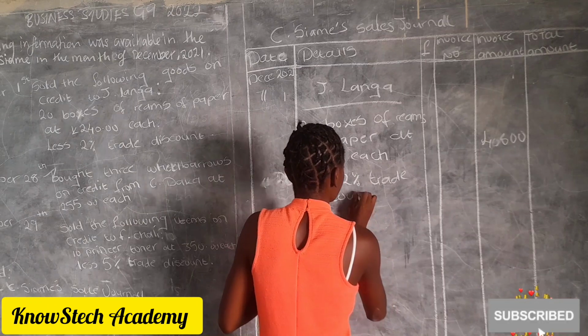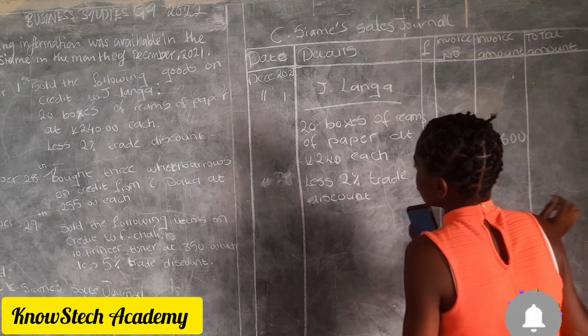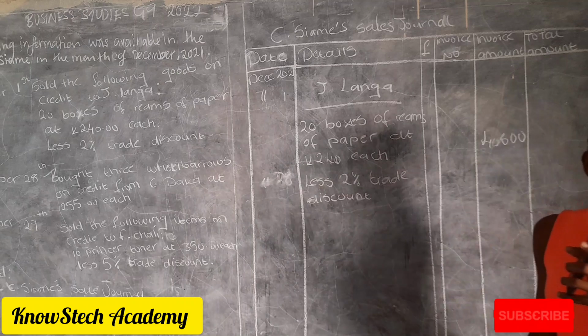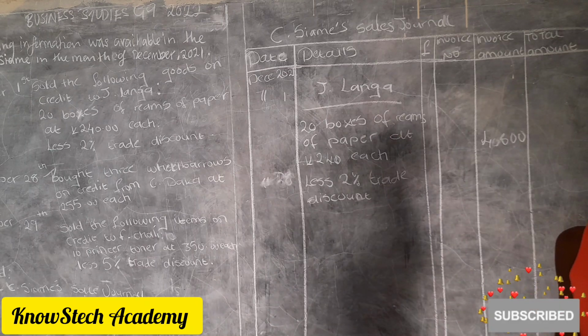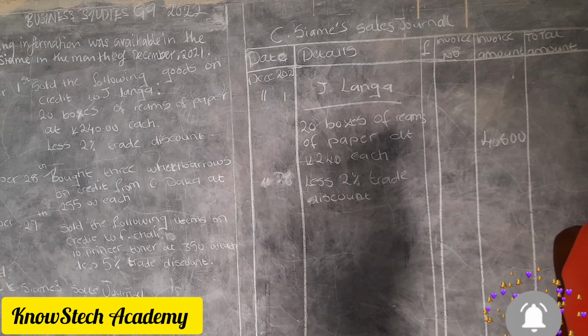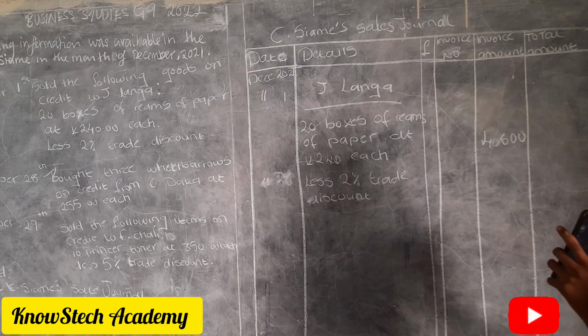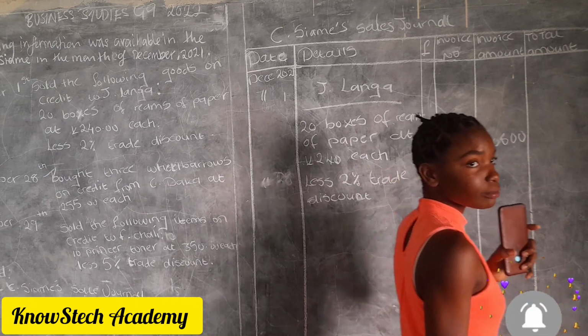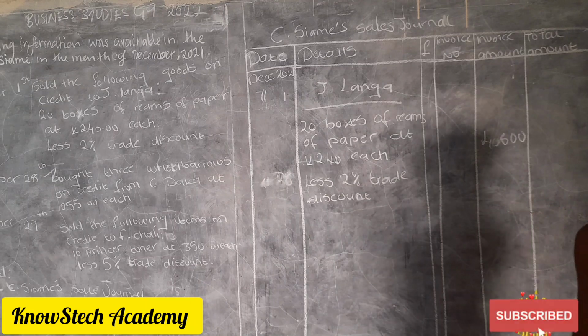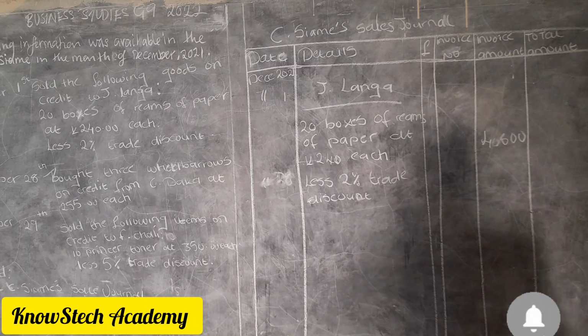So here we're going to find our 2% trade discount. Yes, 4,800 times 2% is 96.